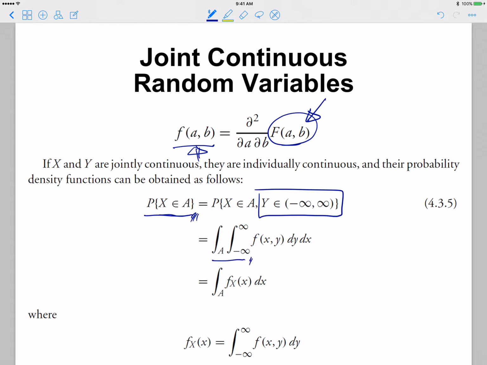One of these double integrals will be written in this form, which is paired with the dy, right? So for y, we take the integral over all the possible y values. Then this.